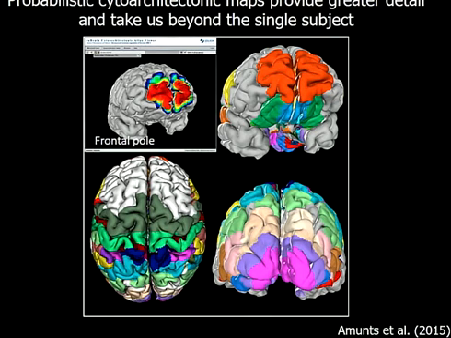So the red is the most overlap, where area 10 exists in all 10 subjects, and the cooler colors are the areas of least overlap. And what you can see now is that there's a fuzzy boundary, even when transformed into a common space. So if we use these techniques across subjects, then we can start to see that the boundaries maybe are not quite such hard and fast boundaries.